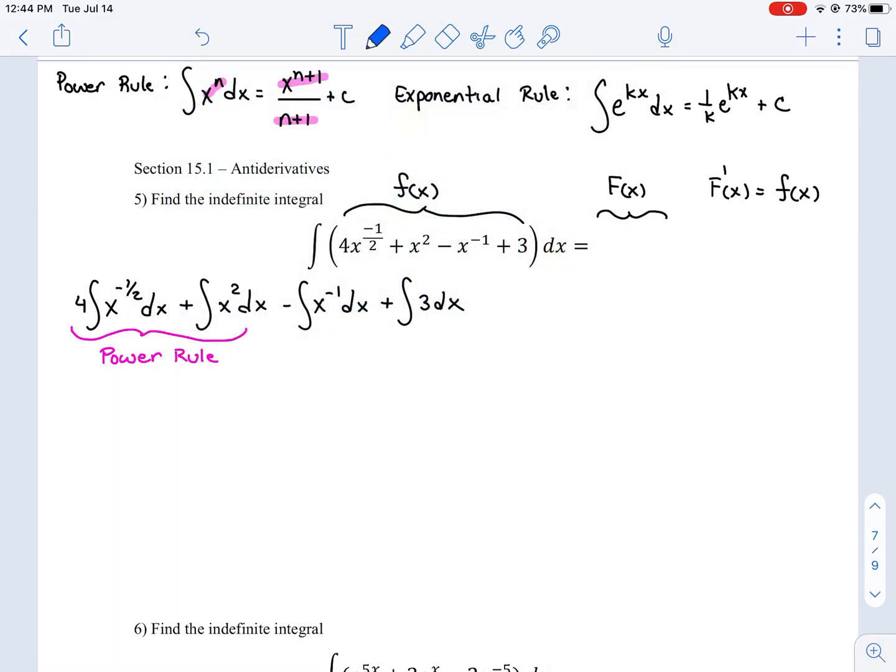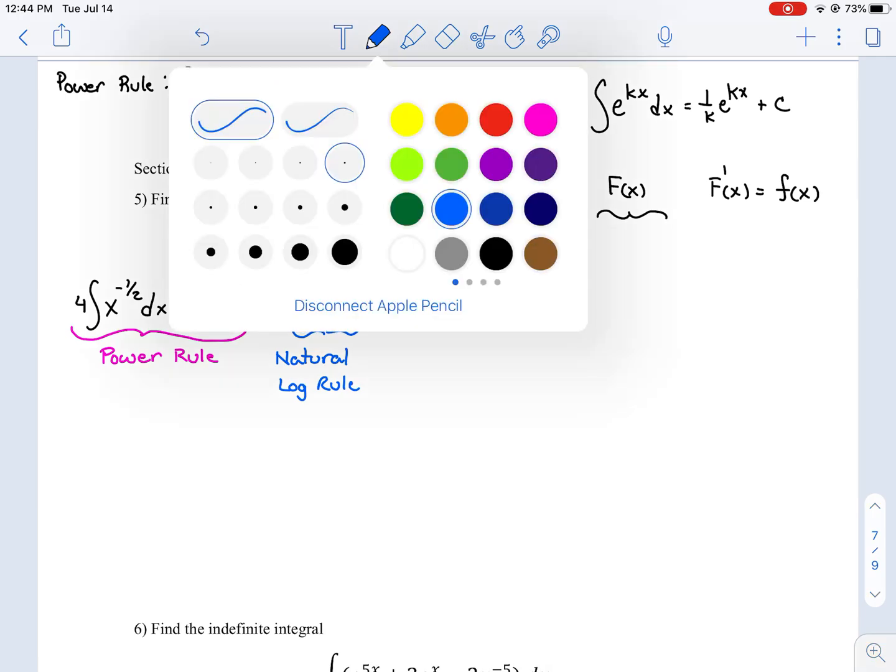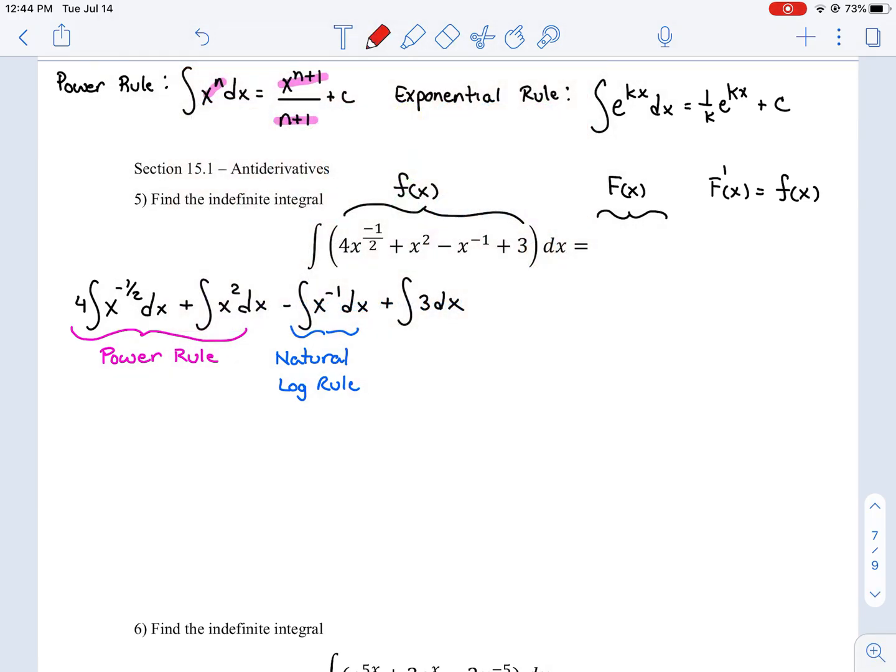The third term, this is the natural log. And the fourth term, this is the constant rule.